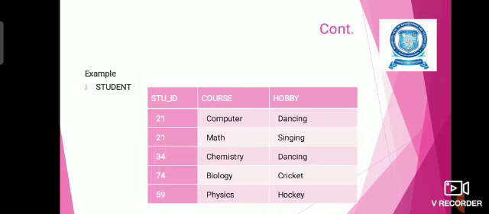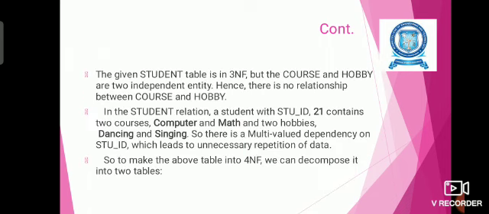But for our fourth normalization form, the condition is the relation should not have the multivalued dependency. And we can see the student relation with three attributes: student ID, course and hobby. Here we can see the same student is undergoing different courses, like student number 21 is undergoing two different courses, computer and maths, and the same student is having two different hobbies like dancing and singing. So the course and the hobby are two independent entities.